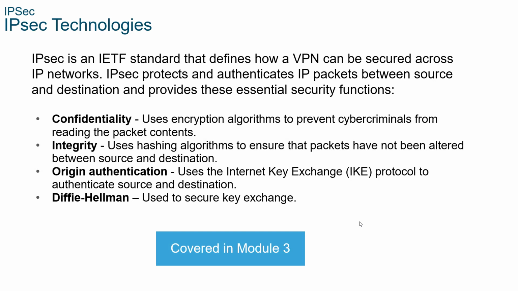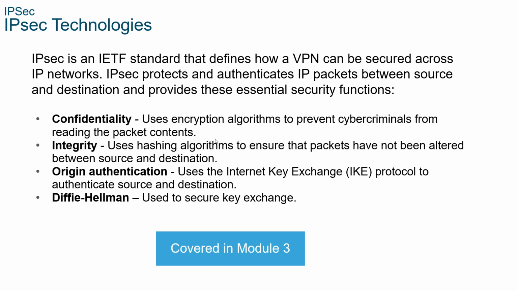Let's continue our conversation about the IPsec technologies. First of all, remember it is an IETF standard that defines how a VPN can be secured across IP networks. So again, notice it's network traffic, layer 3. IPsec protects and authenticates IP packets between source and destination and provides essential security functions.